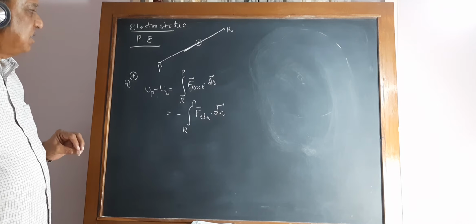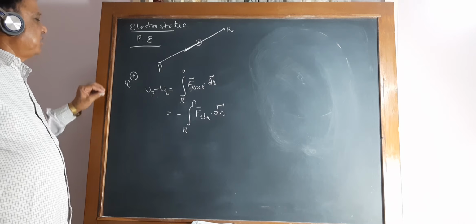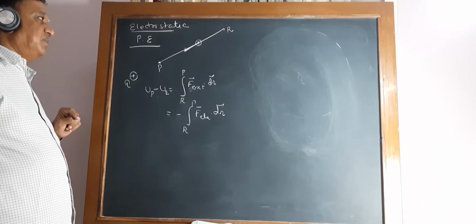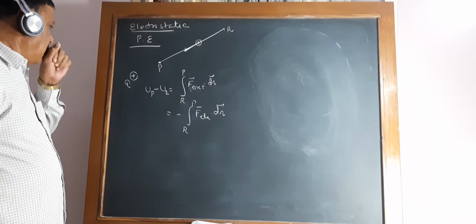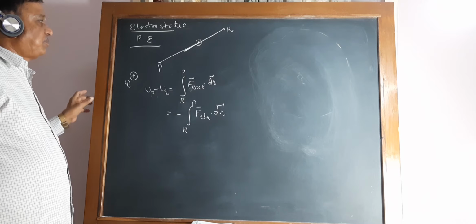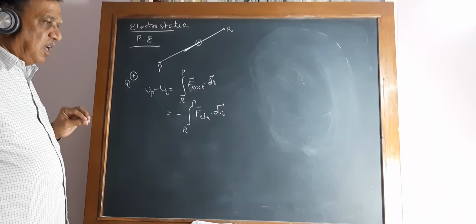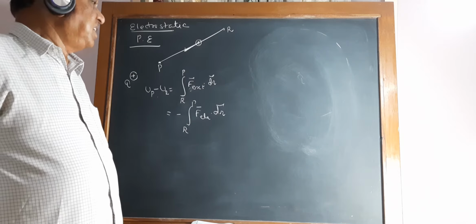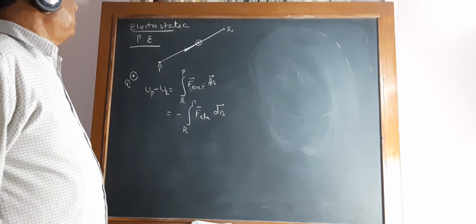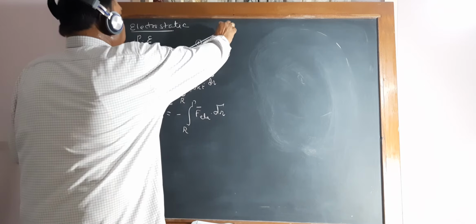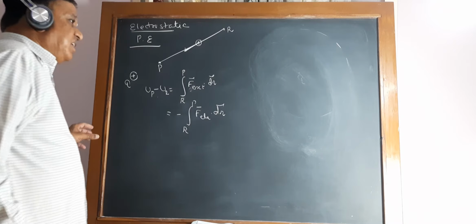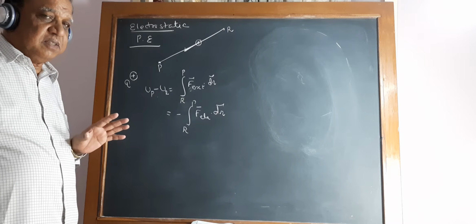For convenience, suppose we have taken a charge Q, this is positive, at origin, and another test charge is brought from point R to point P in the electric field.